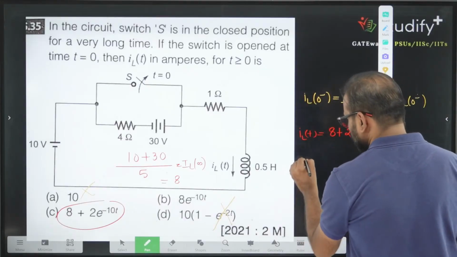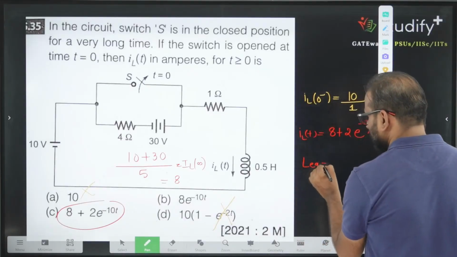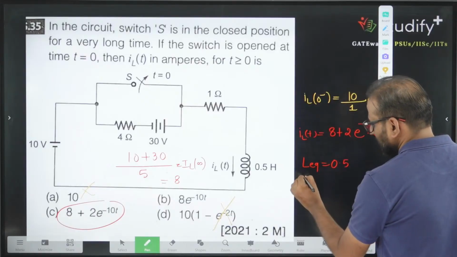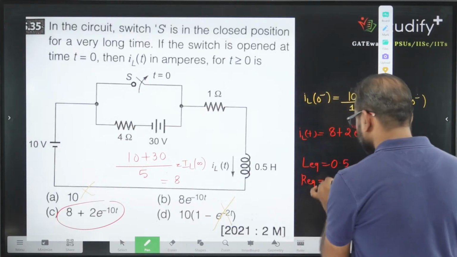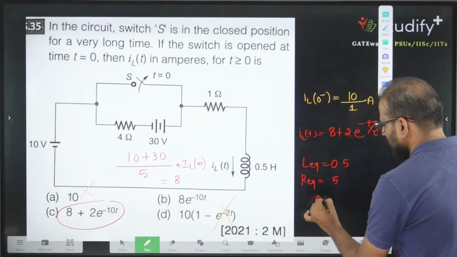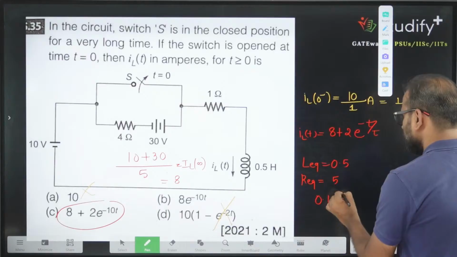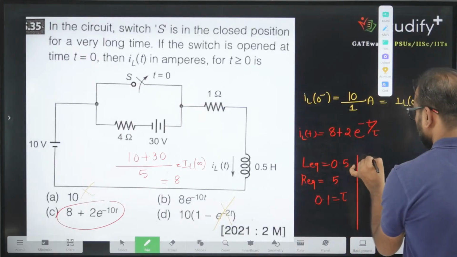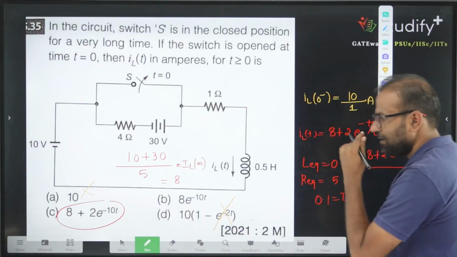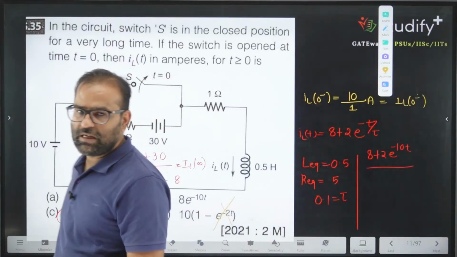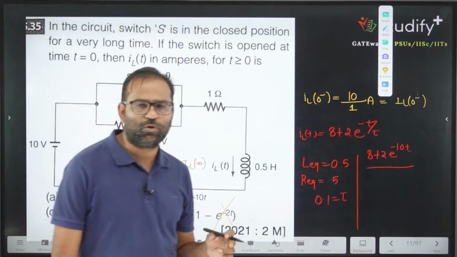So L equivalent is 0.5 Henry and R equivalent is 5 ohm. So L by R is 0.1. If the time constant is 0.1, the expression is 8 plus 2 into e to the power minus 10t. So when you have a first order circuit, it is easier to apply the time domain approach.